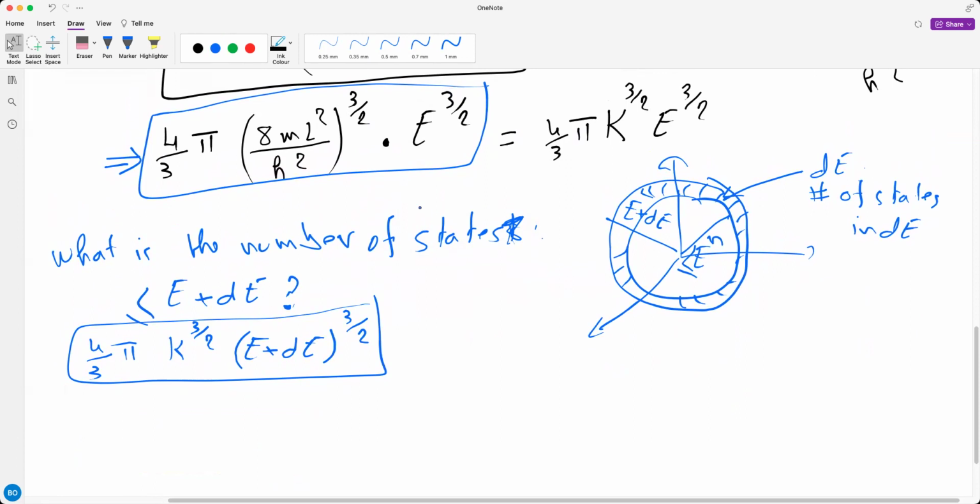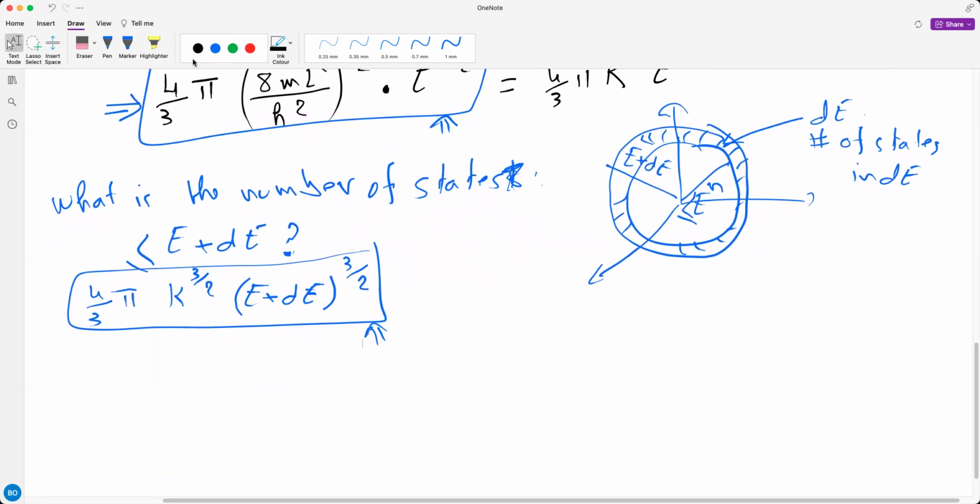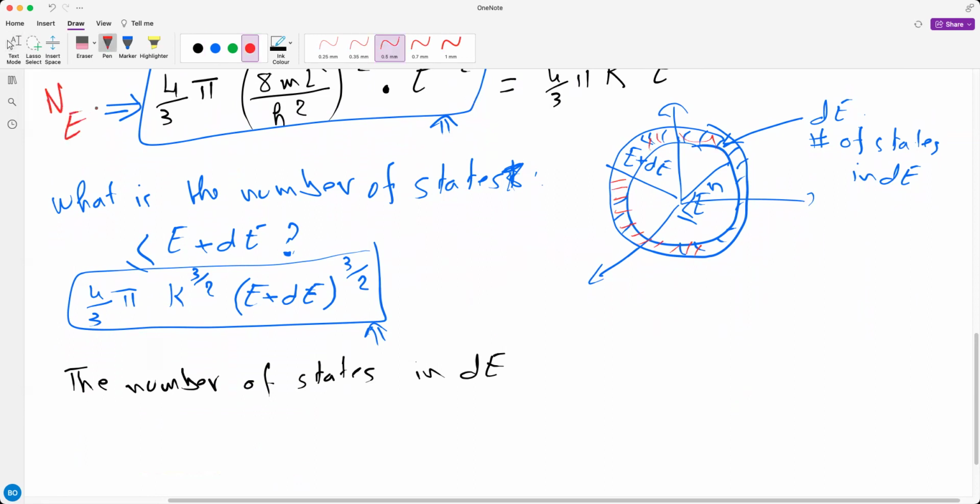Okay. So now I can apply. So this is the number of states below E. This is the number of states below E plus dE. So if I want to calculate the number of states in dE, in this layer, all I have to do is this number, I will call it N(E), and this number I will call it N(E plus dE).